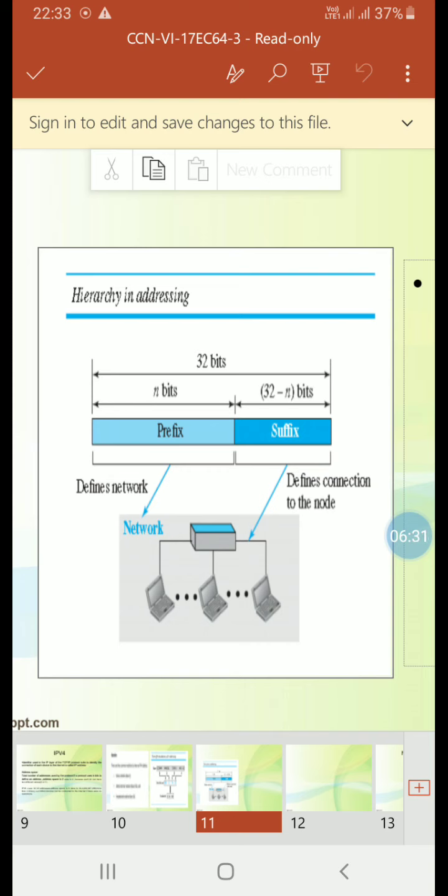The network identifier in IP version 4 was originally a fixed length prefix, which is now obsolete and referred to as classful addressing. There is a newer scheme called classless addressing, where the network prefix has variable length.